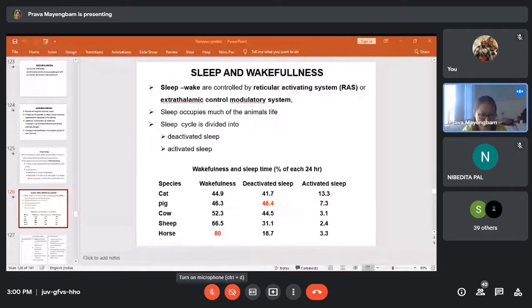They are sometimes termed notorious sleepers. So you can study this table: horses spend very little time, 20% of their 24-hour time, in sleep, while 80% in wakefulness.